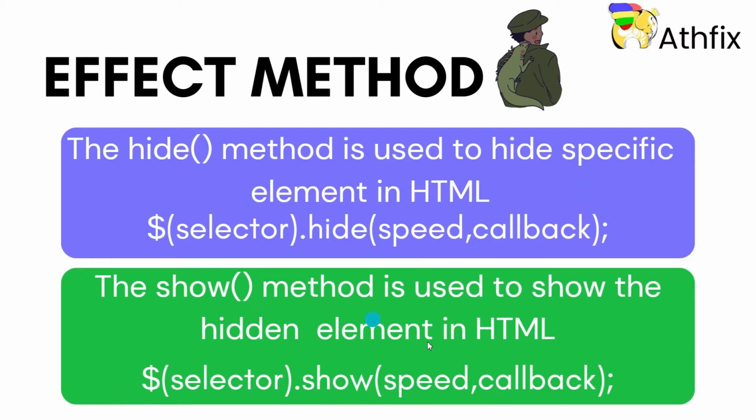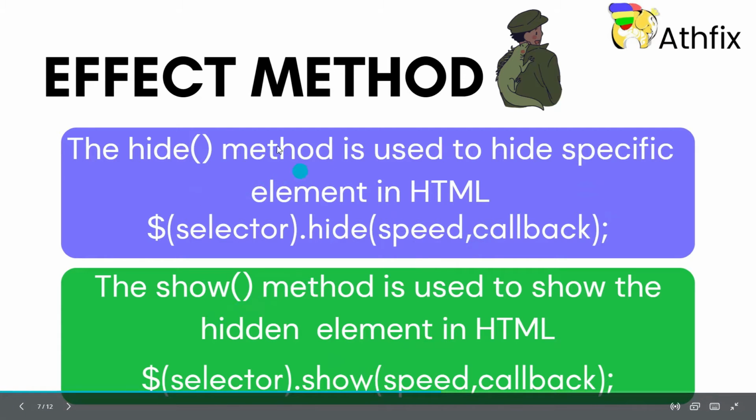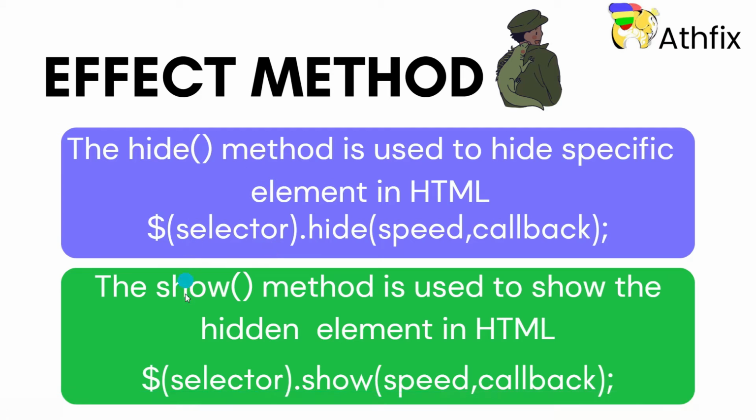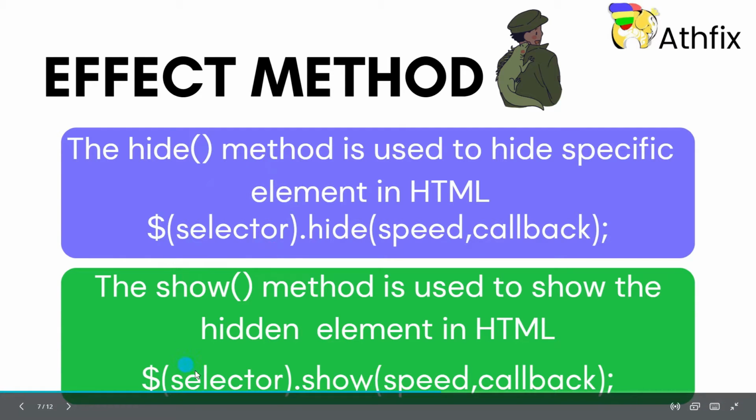Similarly, with the show method, if you want to show anything which is hidden, you can use this show method. We have the selector dollar, and in it you use p. If you hid any p element or div element, you just come here, use the p or div tag, and say show, and it is going to show it. You mention the speed, and it shows within that speed.